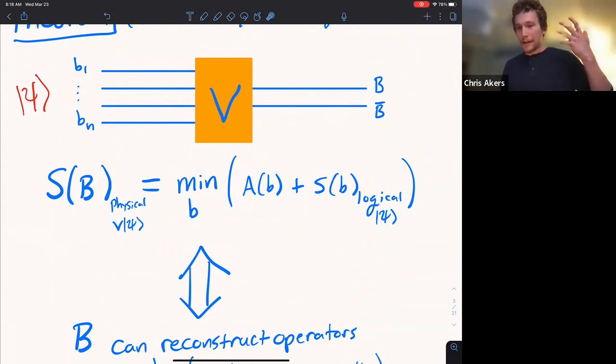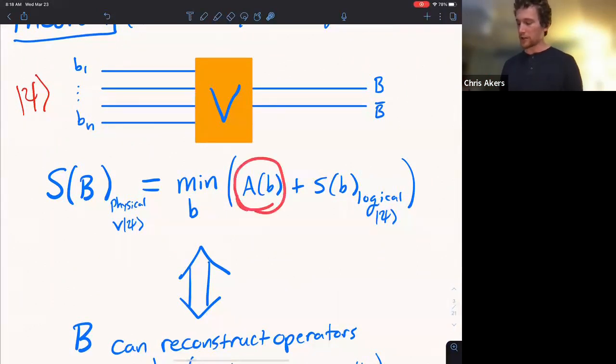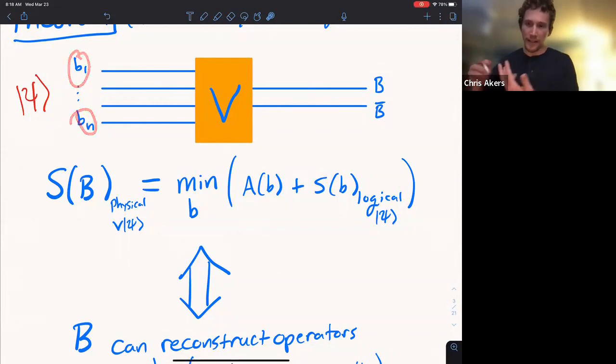So in that language, it's like a certain entanglement in the physical Hilbert space. This area will increase whenever there's a lot of entanglement between B and B bar that isn't there from entanglement between the little b's, if that makes sense.